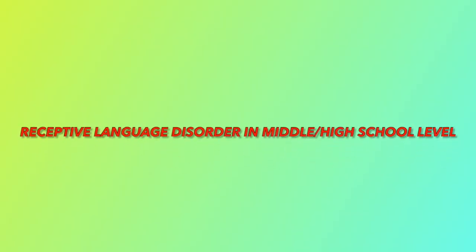Middle and high school children with receptive language disorder have hard time following group conversations, rarely ask questions or make comments during conversation or class discussions, remember details but do not get the bigger context, misunderstand what has been said, do not understand jokes as jokes but take them literally, seem uninterested in conversation, and avoid joining after school clubs or activities.